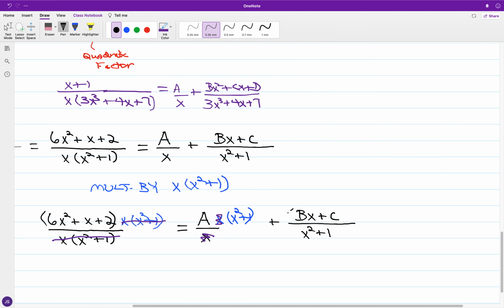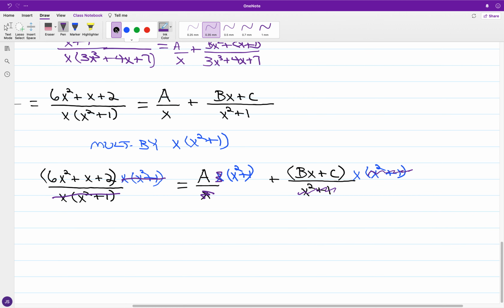And as for bx plus c, multiplying by both x and x squared plus 1, you're going to have the x squared plus 1s go out.